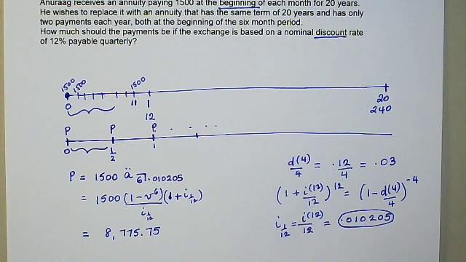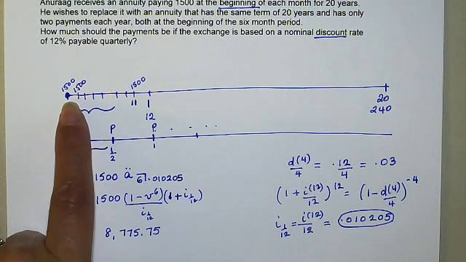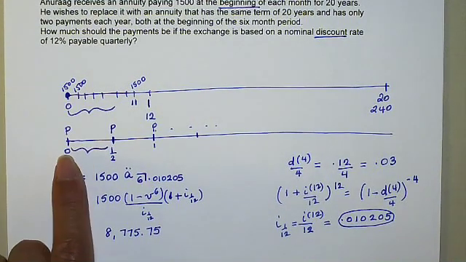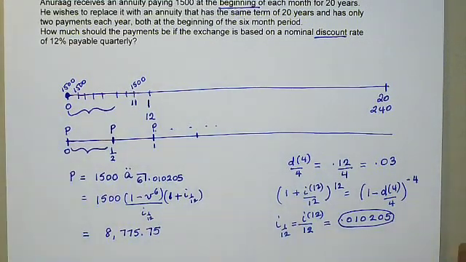What's your question? This is a really silly question, but can you go over what it means to be paid at the beginning of the year versus being paid at the end of the year? That always confuses me. So in this annuity, the first payment is immediately. In this annuity, the first payment is also immediately. I'm not sure what you mean by beginning or the end of the year.